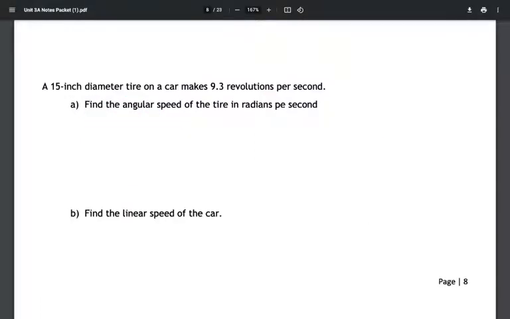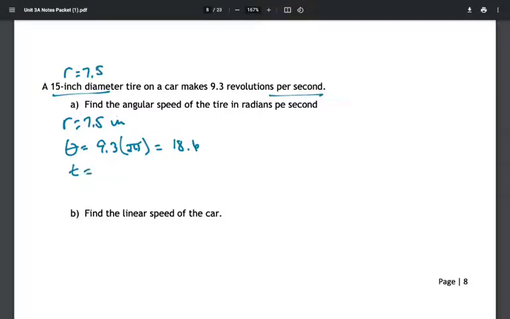All right, last example. We have a 15-inch diameter, which means the radius is 7.5. So radius is 7.5 inches. For theta, it took me 9.3 revolutions to go around a full circle. So that's 18.6 pi. And the time it took me to do that was 1 second.